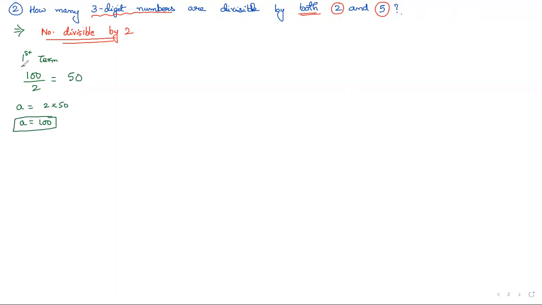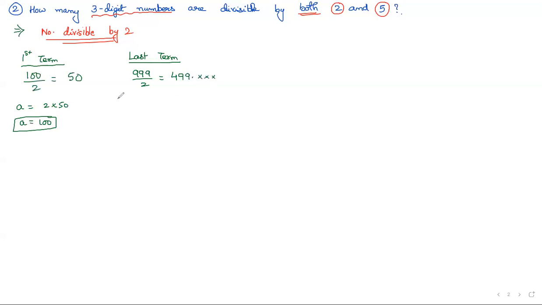That's your first term. Similarly, you have to find your last term. The last 3-digit number is 999 divided by 2. 2 4s are 8, 9, that is 19. 2 9s are 18, point something.